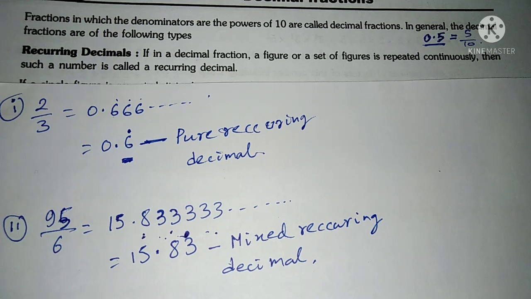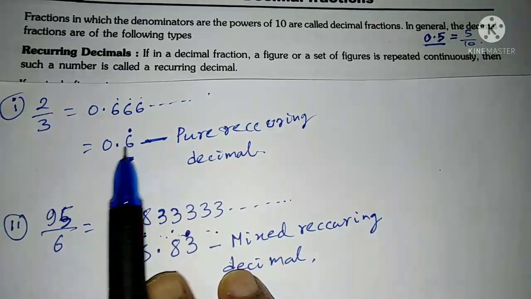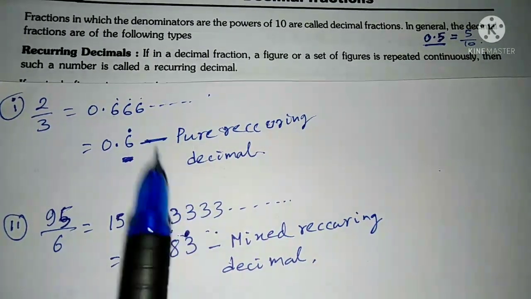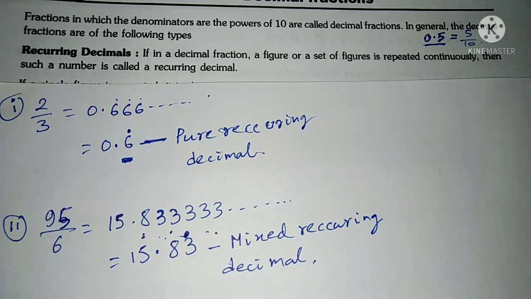Now, recurring decimals are of two types: pure recurring decimals and mixed recurring decimals. Pure recurring decimal means the numbers after the decimal point will repeat continuously. There may be a single number or a set of numbers. But in mixed recurring decimals, some digits after the decimal point will repeat and some digits will not repeat.